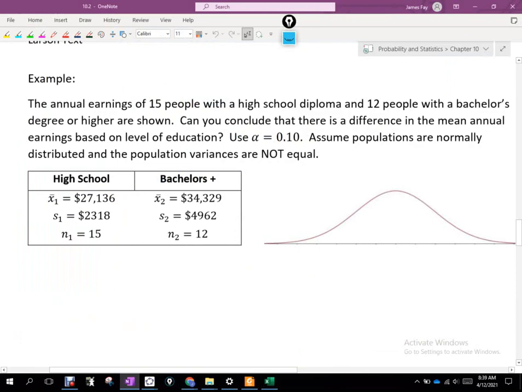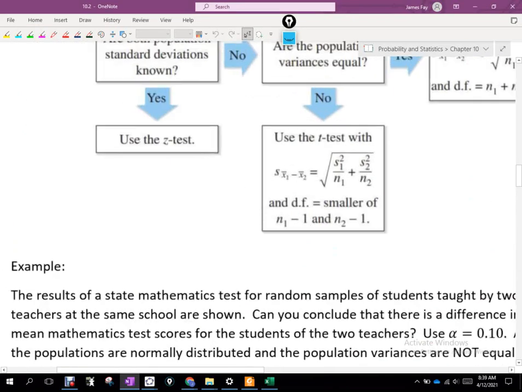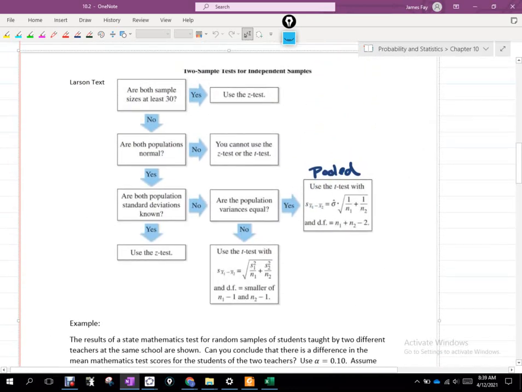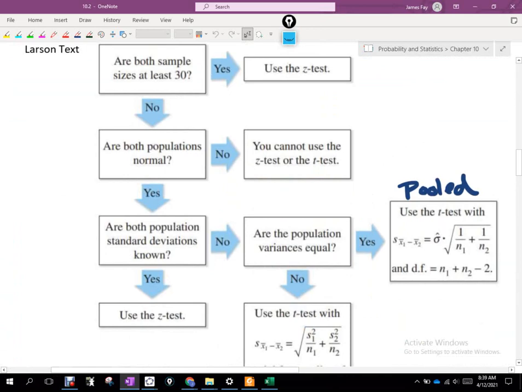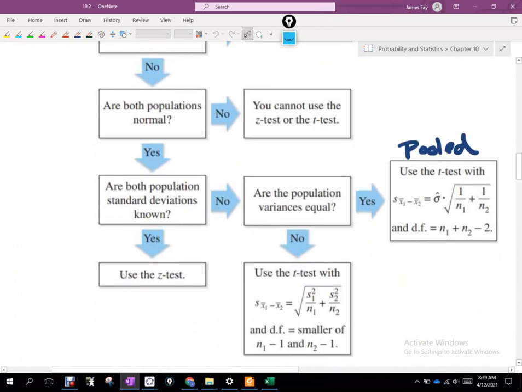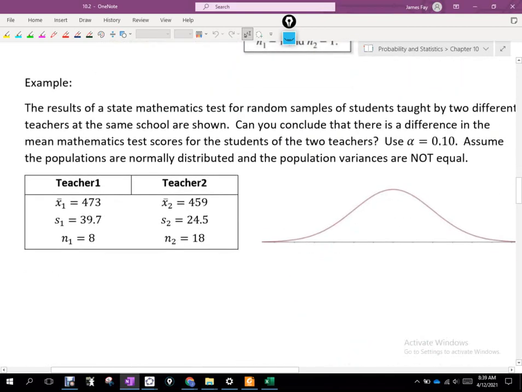Now, if we go back through the previous examples, we're talking about small samples, so we have to know, are both sample sizes at least 30, yes or no? Run through all of these flow charts, and basically in this example, we're going to get down to either one of these two. We have to make sure we understand that. That's the statistics that we have to understand before we input this information into our calculator.